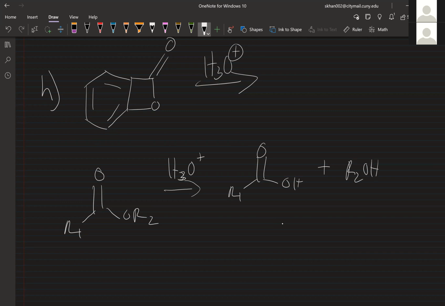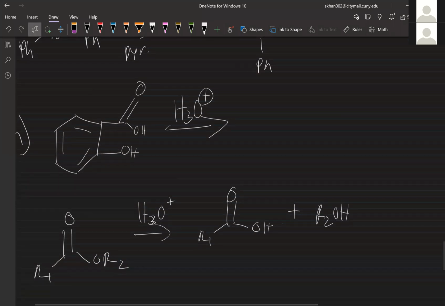So this is why it's important here when you have cyclic esters, because in a cyclic ester, when you hydrolyze it, the RO is still part of that entire molecule, right? So all you're really doing here is cleaving this bond, you insert water here, and then you're going to eventually protonate this as well. Boom, you actually got your final product.